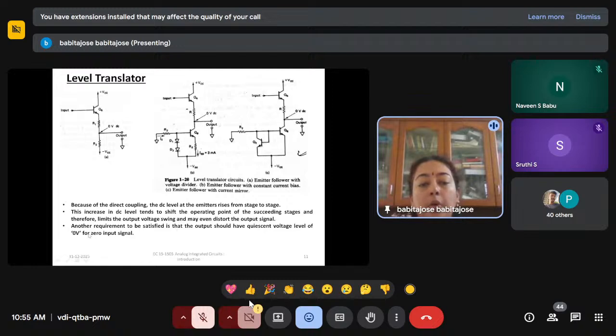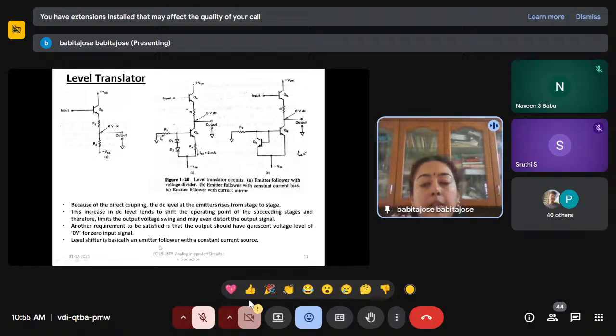That means when you have 0 input signal, the output should also be 0. But it may not be so. So you have to bring down the DC level to 0 volts. For that we are using a level shifter, which is nothing but a way to bring down the DC level to 0 volts.